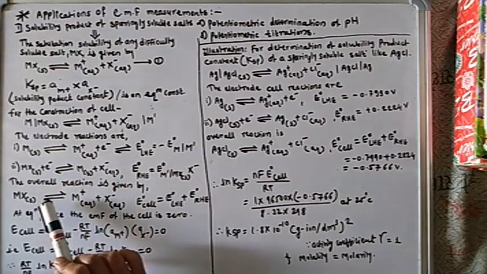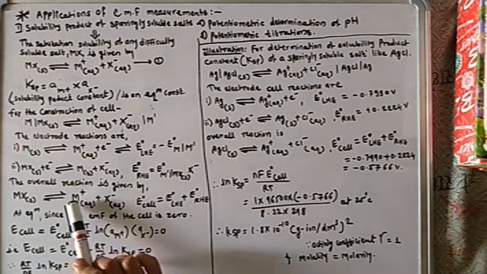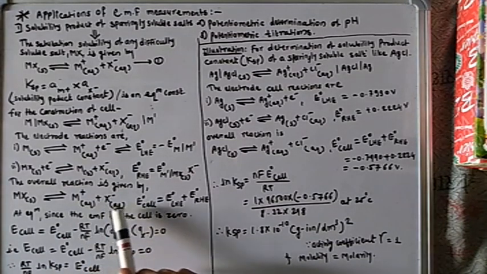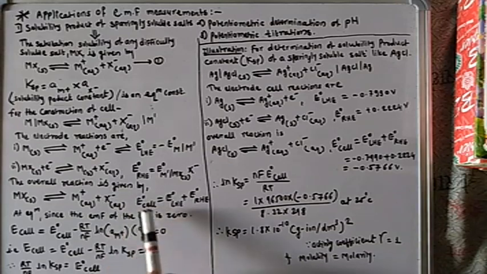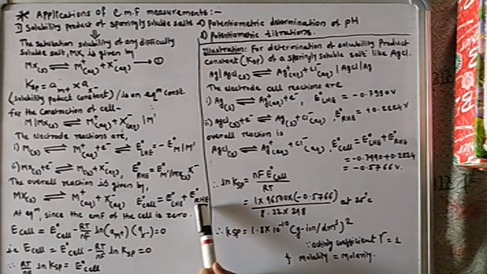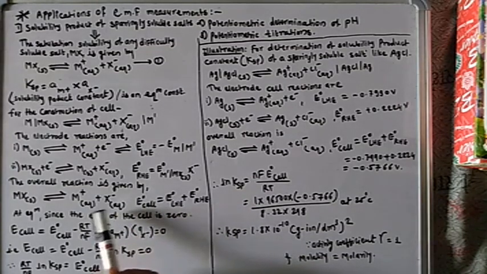So the overall reaction is MX solid reversible gives M+ aqueous plus X- aqueous, and E standard of cell equals E standard of left hand electrode plus E standard of right hand electrode. At equilibrium the EMF of this cell is 0.